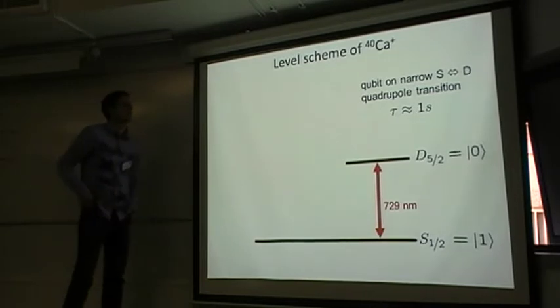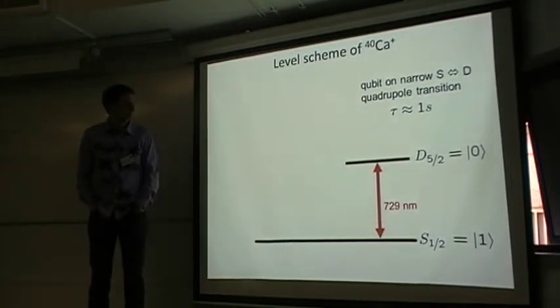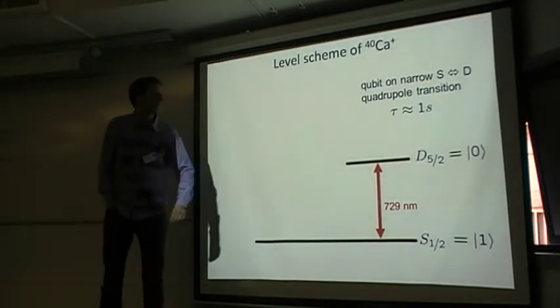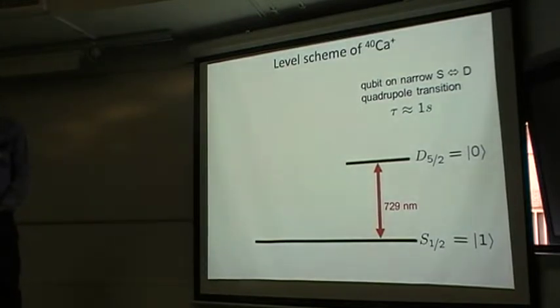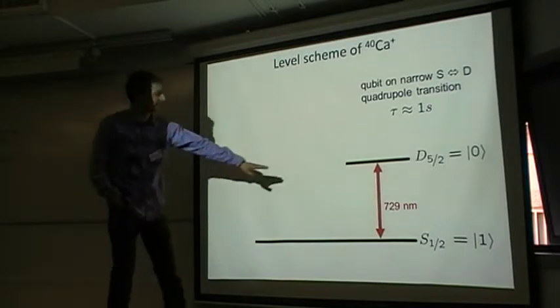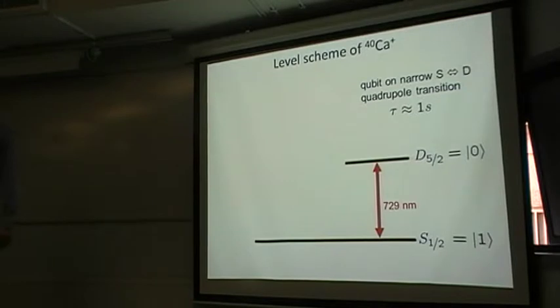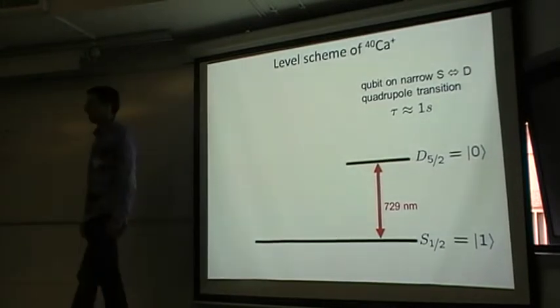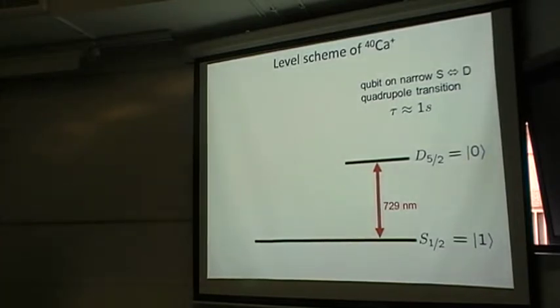The atoms that we are using in Innsbruck are calcium-40 plus ions. The advantage of these ions is that they have a very, very stable D state. It's a metastable state due to the fact that there's actually no P state lower than that, and due to that there's no decay process that is directly going down, but rather a quadrupole transition or some two-photon transition that is going down.